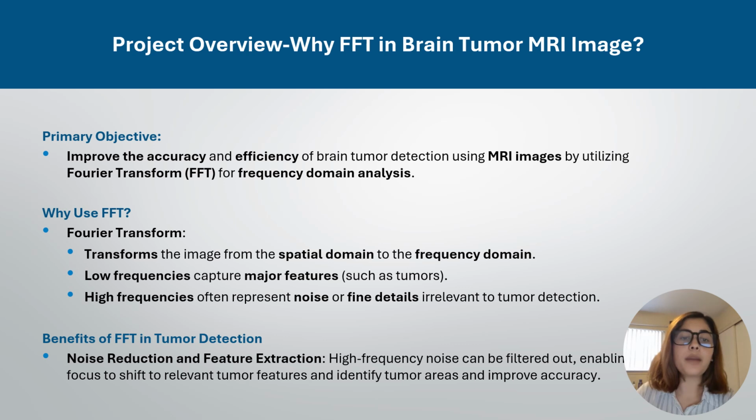Low frequencies capture major features such as the tumor, and high frequencies often represent noise or fine details irrelevant to tumor detection. The main benefit is noise reduction and feature extraction. High frequency noise can be filtered out, enabling focus to shift to relevant tumor features, identifying tumor areas and improving the accuracy.